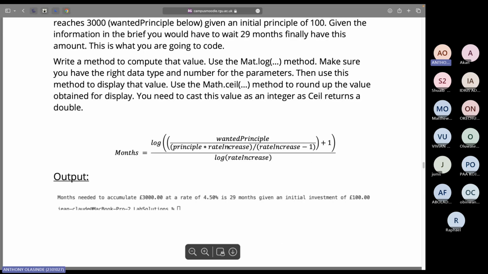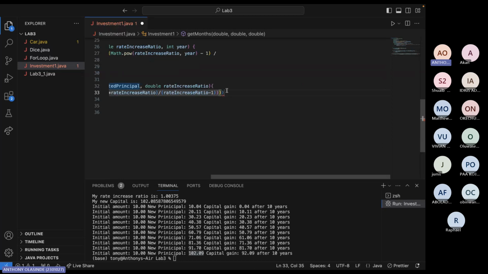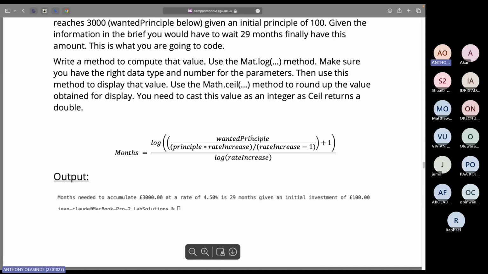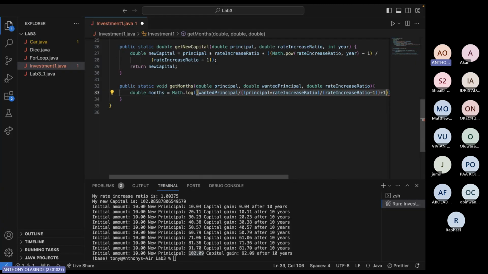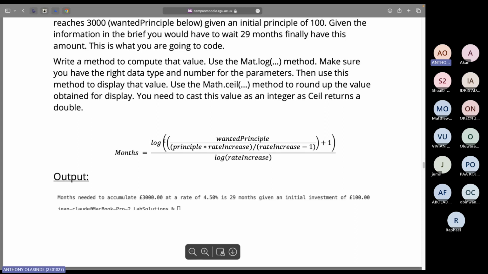The bracket taking wanted principal itself, this yellow bracket, you want your plus 1 after that bracket. The wanted principal started from yellow and ends at yellow; you actually want it outside. This is what I did.